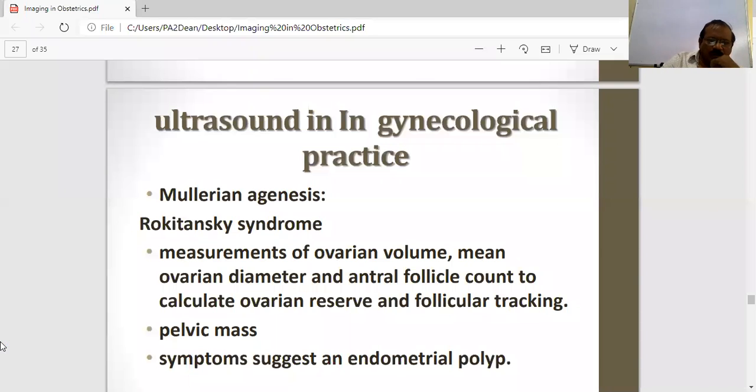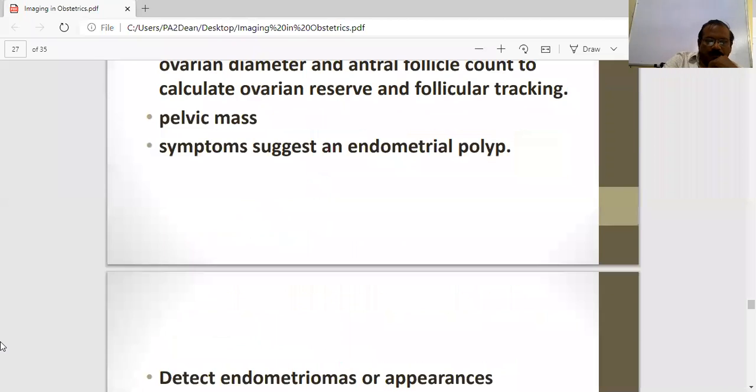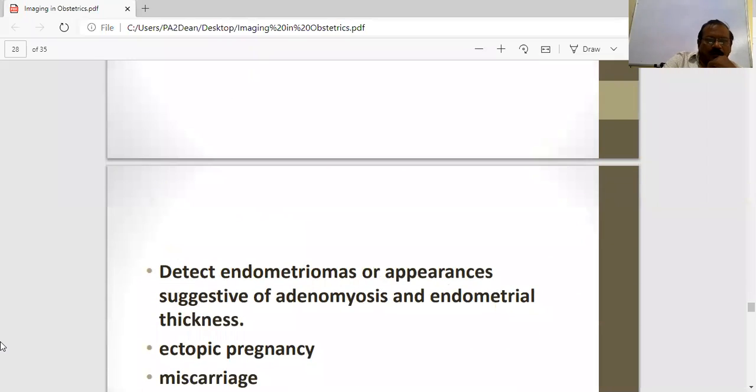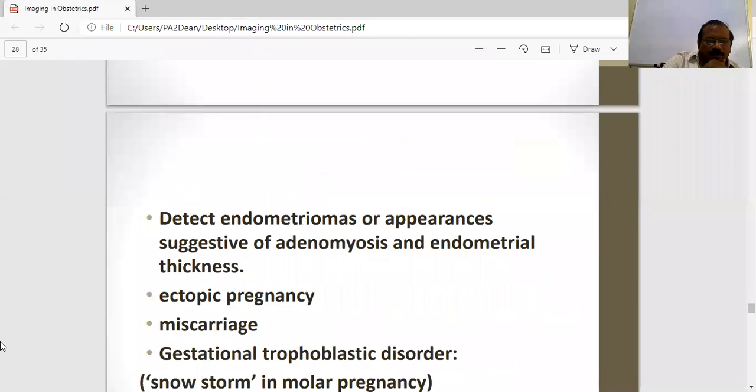Symptoms suggestive of endometrial polyp, and we can detect endometriomas or appearances suggestive of endomyosis, and measure endometrial thickness. Ectopic pregnancy can be diagnosed, and miscarriages, that means abortions.